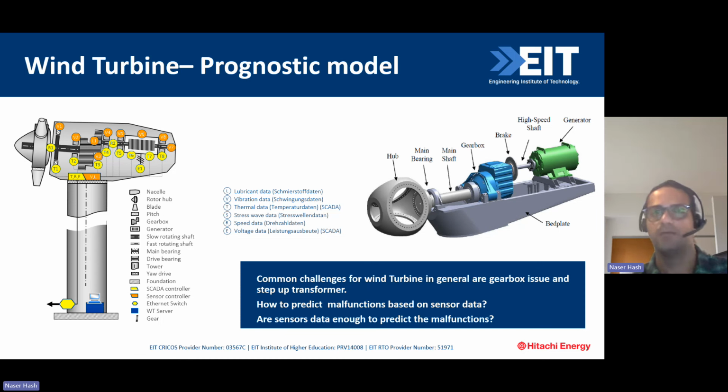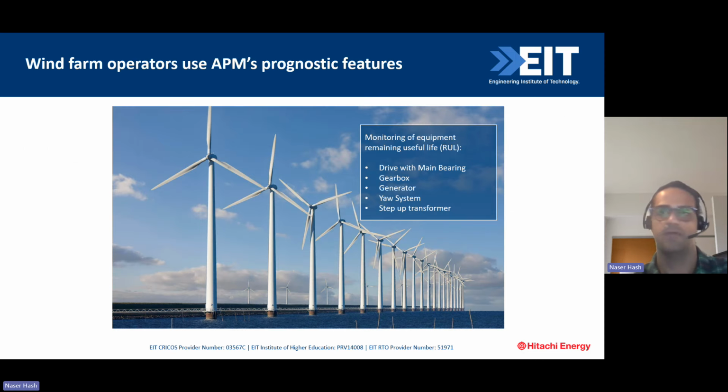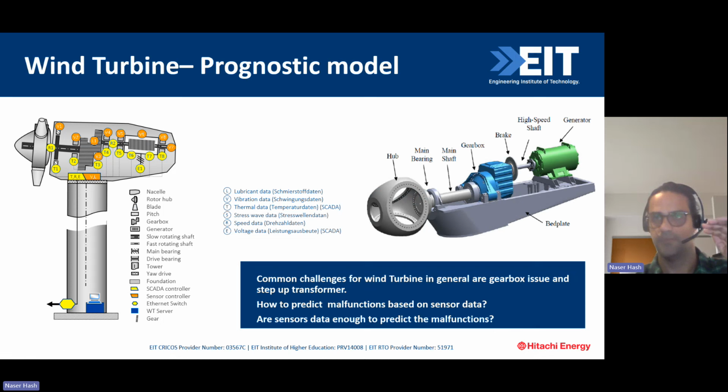If we narrow down into the detail of a turbine, out of, for example, 100 turbines, we can see in the nacelle we have the blades, the main rotor, a gearbox, a generator, and then the cables, and then it comes to the transformers as well. So there are different components inside the nacelle.